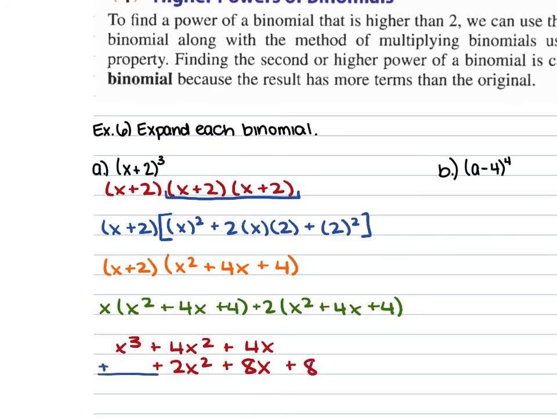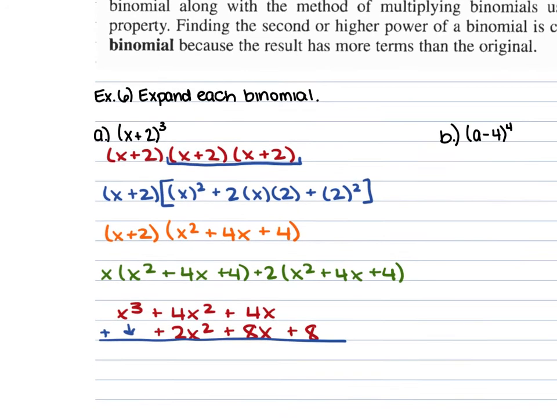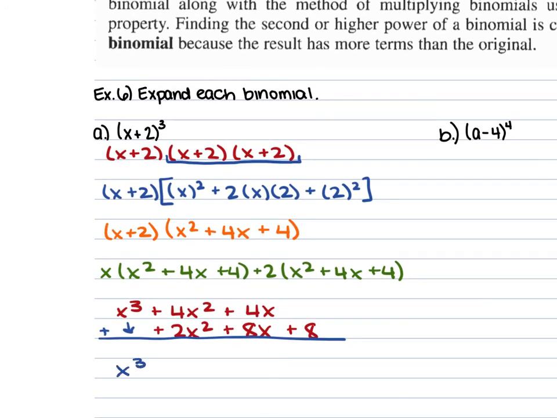So we'll just add all of this together. The x cubed drops down. The 4x squared plus 2x squared is 6x squared. 4x plus 8x is 12x. And that 8 drops down. So this is just x cubed plus 6x squared plus 12x plus 8.